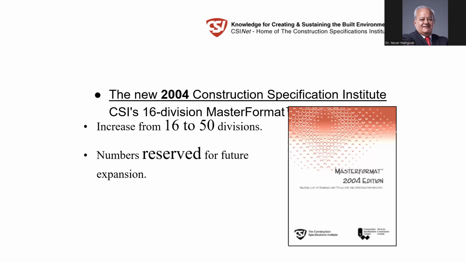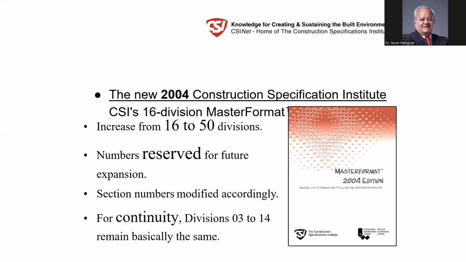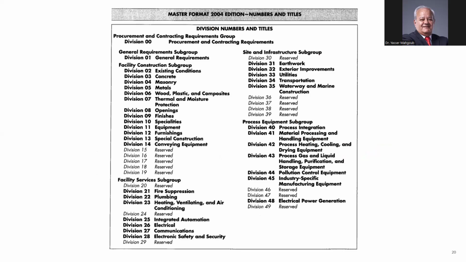They didn't use all 50 divisions. They kept some for the future. So most of the numbers are used, but some are kept so that they don't need to change the whole thing again. So this is the new type of format for the CSI, which has almost 50 divisions.